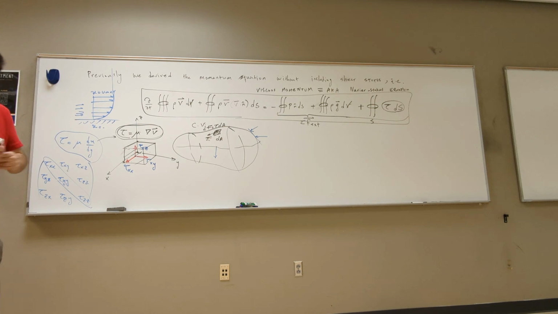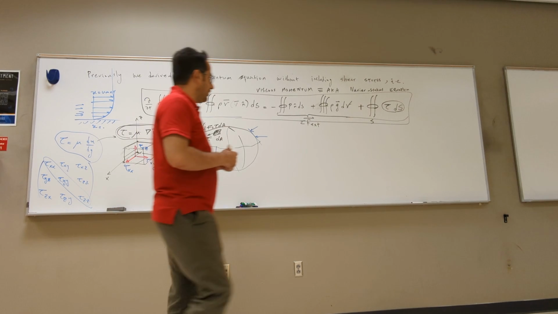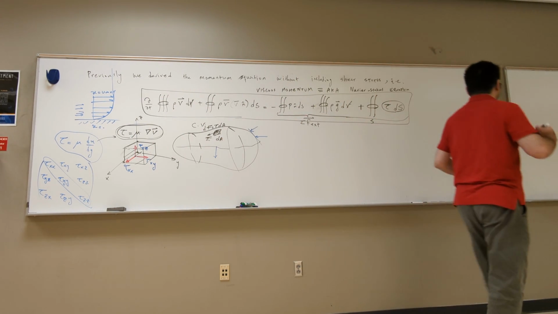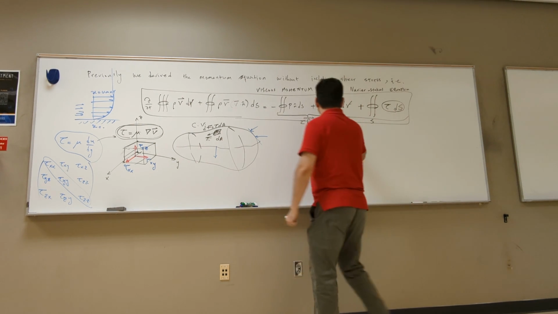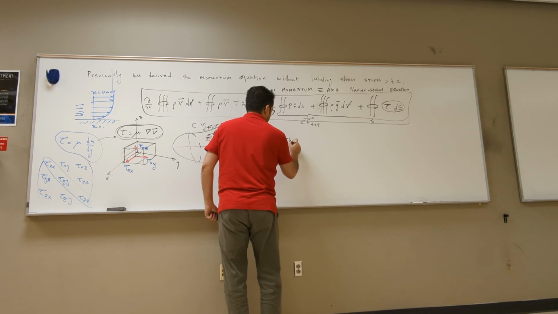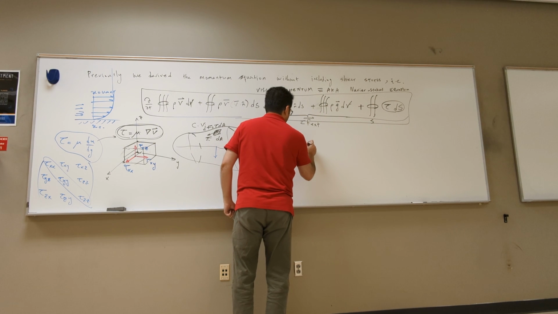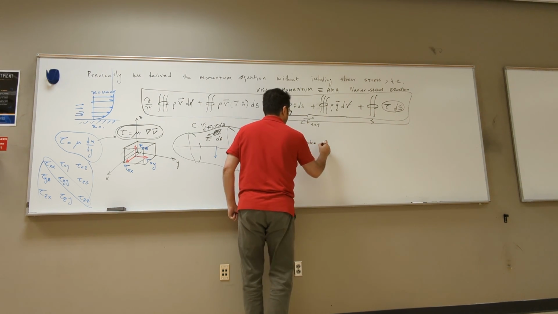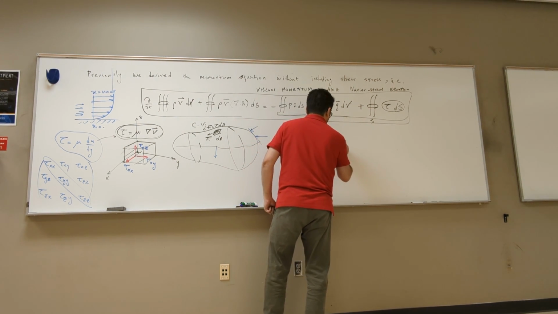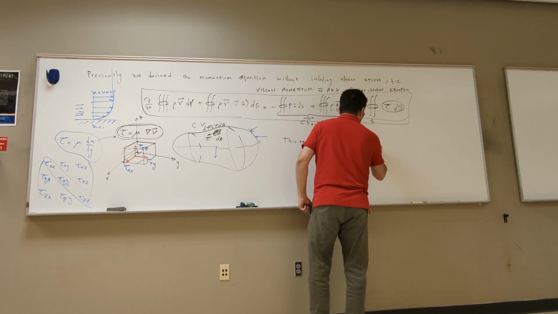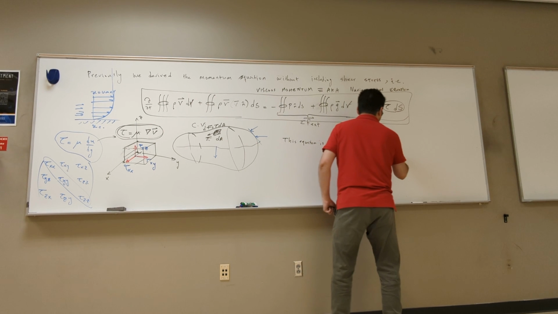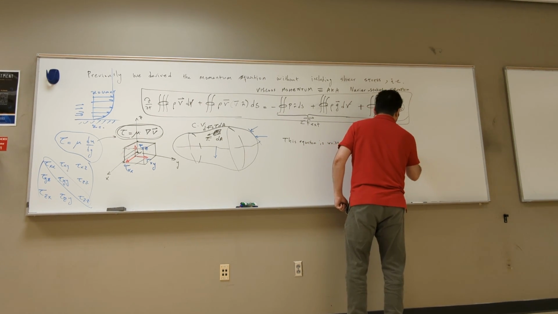Now, today, chapter 7 of your book is talking about differential form. So for differential form, we want to convert this equation. This equation is written for a general, large control volume, CV.